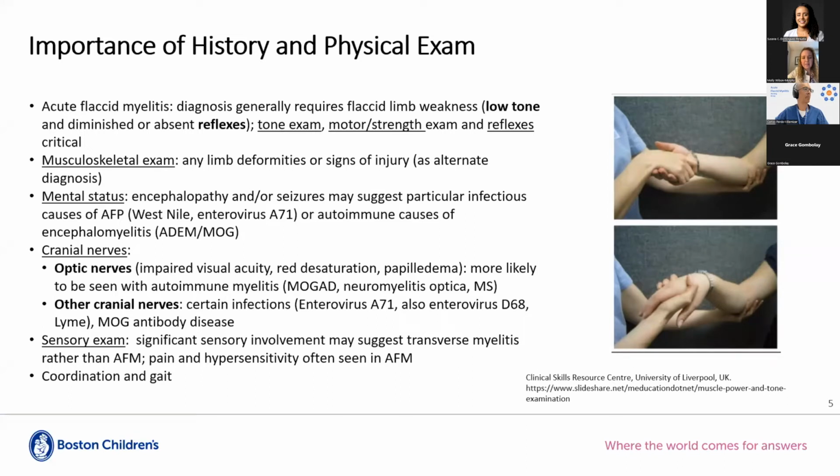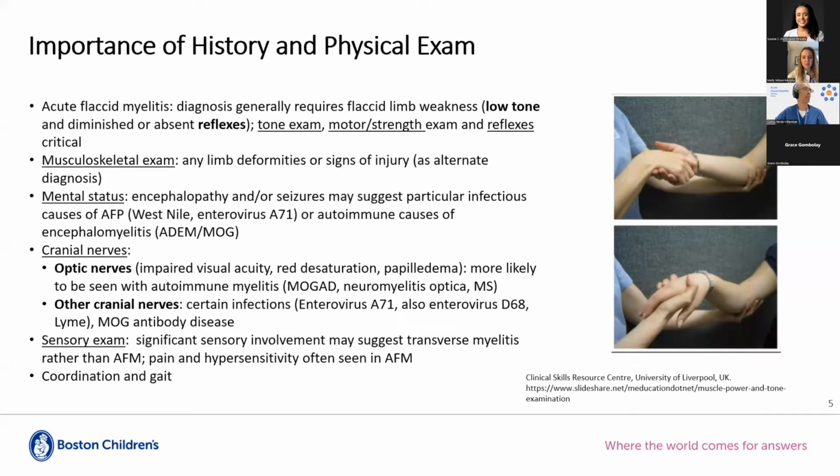Cranial nerve exam. Again, evaluation of the optic nerves is important in any case where you're thinking about myelitis, and you're evaluating for visual acuity, red desaturation, so things that are red appearing more gray or more orange, and papilledema.